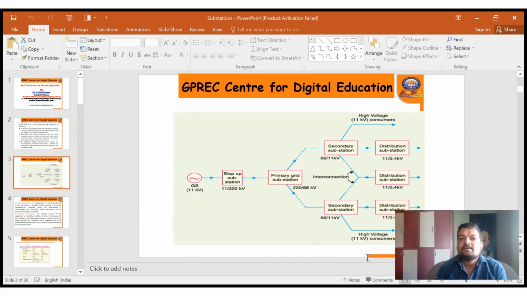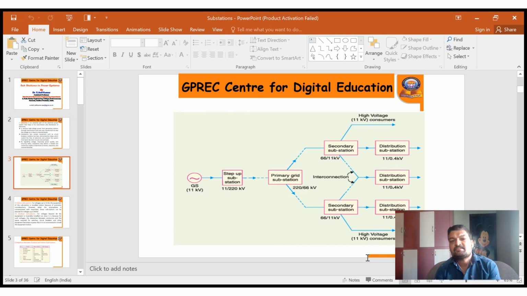Next, coming to the general block diagram of substations, we are connected from the generating station to the distribution station. A generating station may be thermal, hydro, nuclear, gas, anything. Generally, the generating station generates voltage up to a maximum of 11 kV.